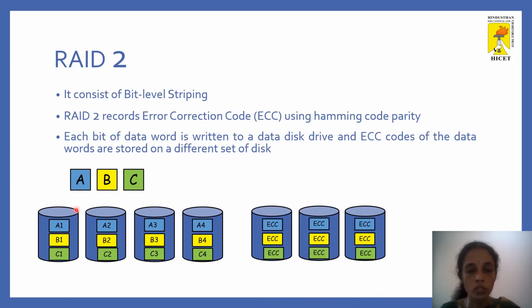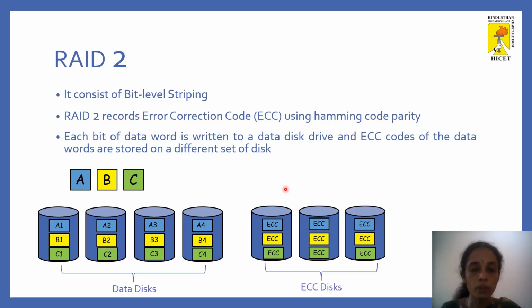For each of these bits, you will have error correction codes, and whenever data is retrieved, it will check with the ECC codes to find out whether the data is correct or if it has been changed. But RAID 2 is not used nowadays. You call these disks the data disks, a group of data disks, and this will be the group of ECC disks.